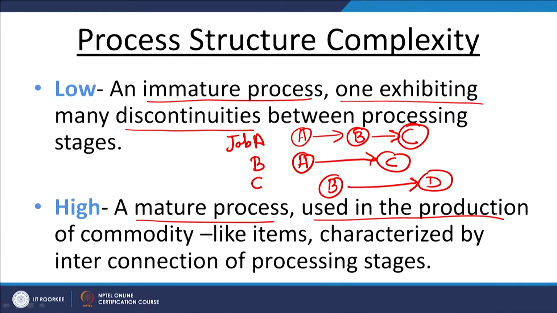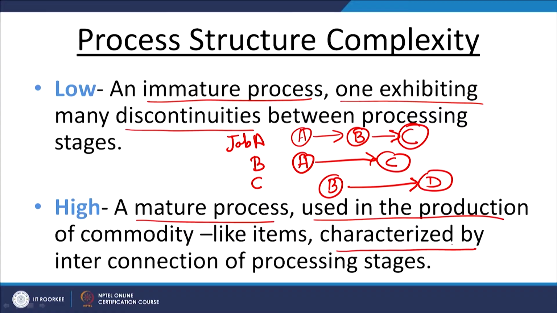On the other hand, in the case of high process structure complexity, we have a mature process, and the mature process is used for the production of commodities, and in that case you are making this process only for a very limited kind of variety. You are continuously producing the same type of product using this process. So, you have a lot of interconnectivity.